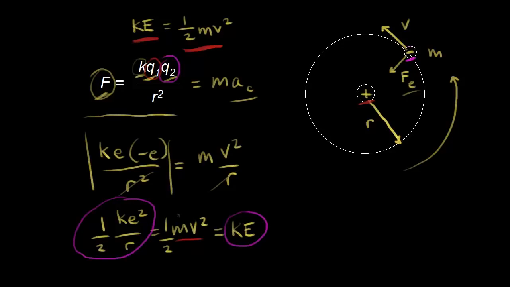All right, so we will come back to the kinetic energy. Next, we're going to find the potential energy. So the potential energy of that electron is given by this equation in physics. The electrical potential energy is equal to K, our same K, times Q1, once again the charge of the proton, times Q2, the charge of the electron, divided by the distance between them.